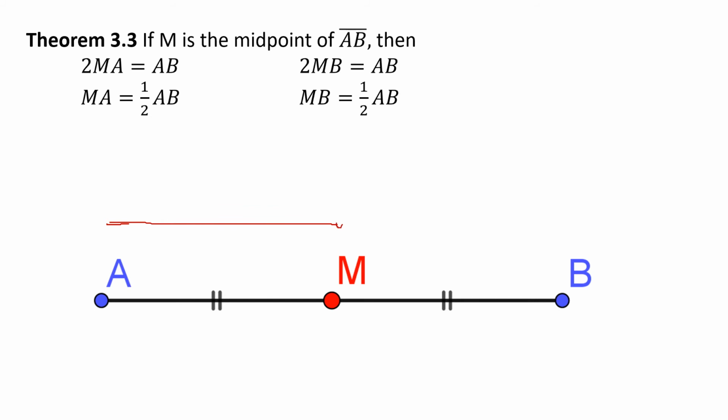okay. So, if we have 2AM, so that is 2 times the length of AM, that is equal to the length of AB. Or MA or AM is just 1/2 of our segment AB.